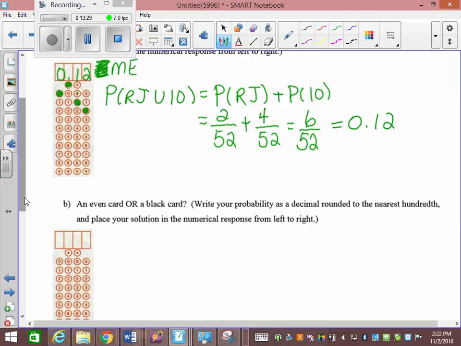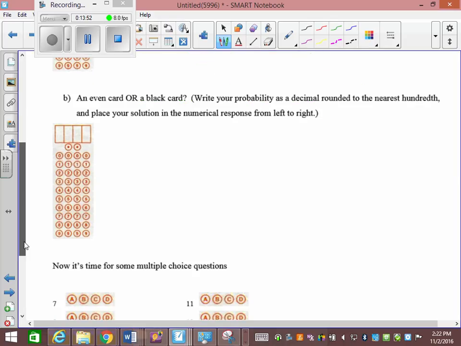Okay, B. I have one card in my hand. What is the probability that it's an even card or a black card? Mutually exclusive or not mutually exclusive? Why? Because there's some even black cards. If you can say there's even black cards, it's not mutually exclusive.